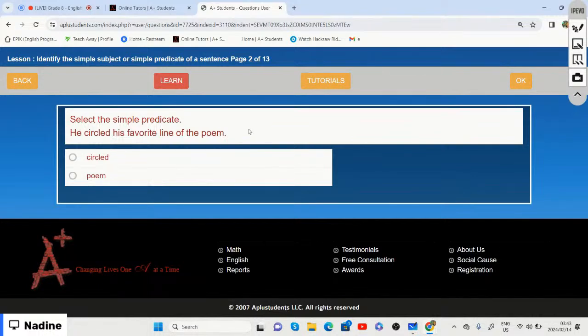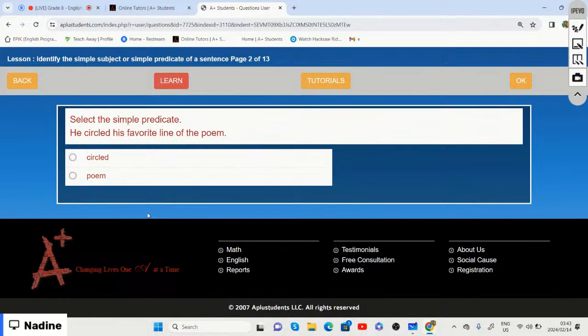So now we need to select the simple predicate, which is the verb. He circled his favorite line of the poem. Is it circled or is it poem?